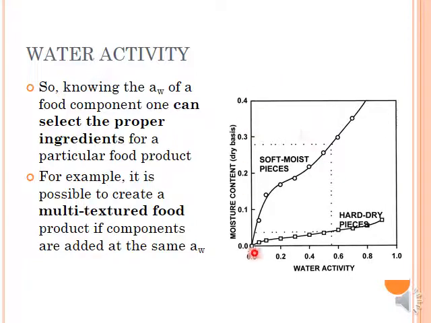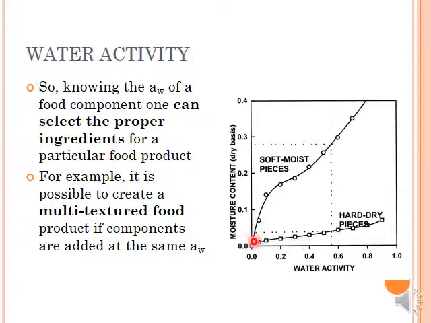Now, if you look at this graph here, again, moisture content versus water activity. Soft moist pieces is this curve here, whereas hard dry piece is this curve here. Of course, based on the sorption isotherm of moisture content versus water activity, high moisture content means high water activity, and low moisture content means low water activity.